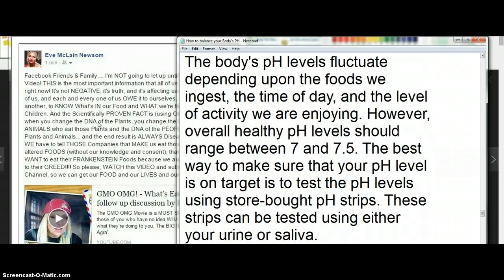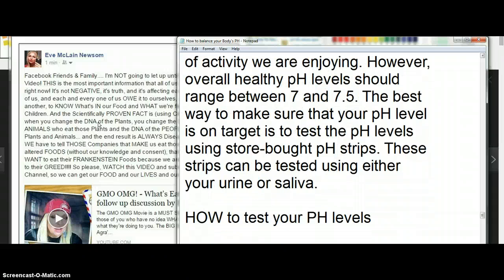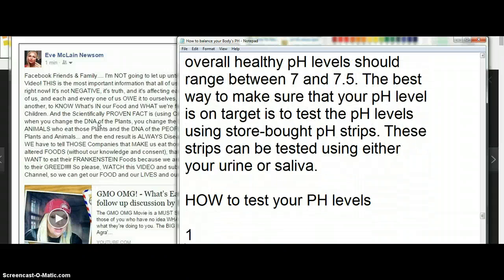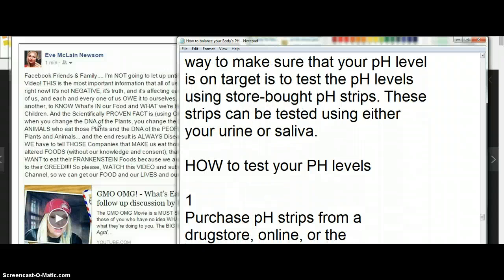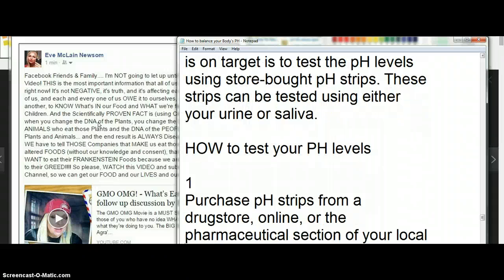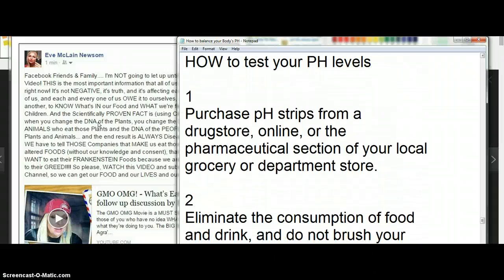The body's pH levels fluctuate depending upon the foods we ingest, the time of day, and the level of activity we are enjoying. However, overall healthy pH levels should range between 7 and 7.5. The best way to make sure that your pH level is on target is to test the pH levels using store-bought pH strips. These strips can be tested using either your urine or saliva.